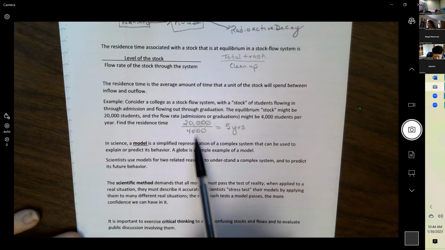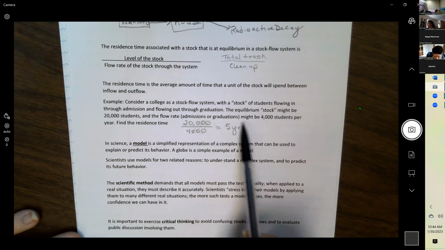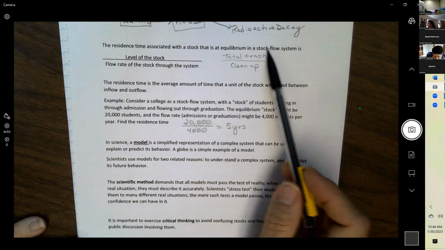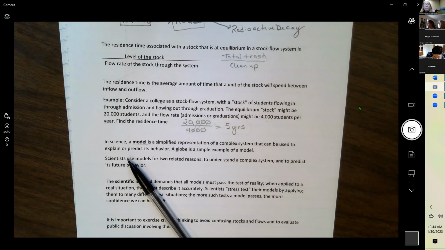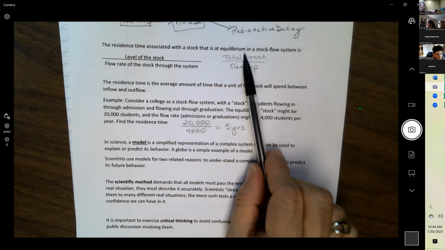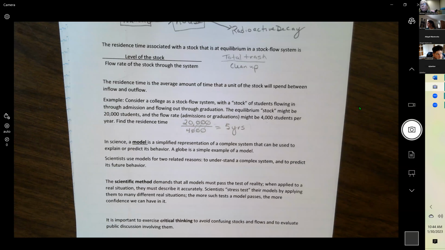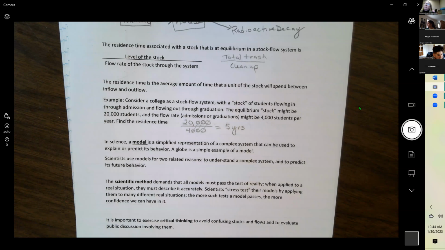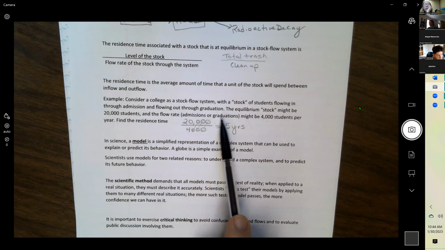But usually you look at what's going out and it tells you how long it's there. So this is the average. Like if we were going to do the trash one, you'd want to find the average that's there in a whole year, and then how much is being cleaned up and divide them. Or how much is coming in and divide them. I think going out is a better example, but this says you can look at it either way, coming in or graduating.